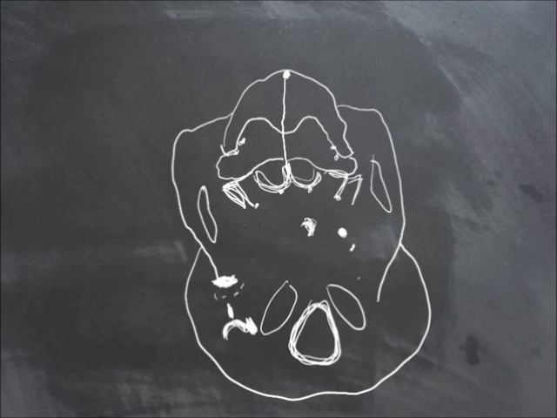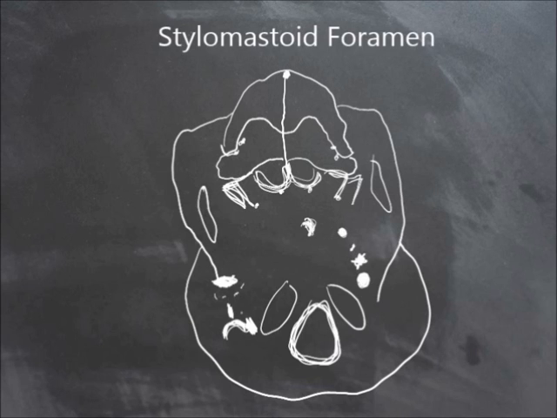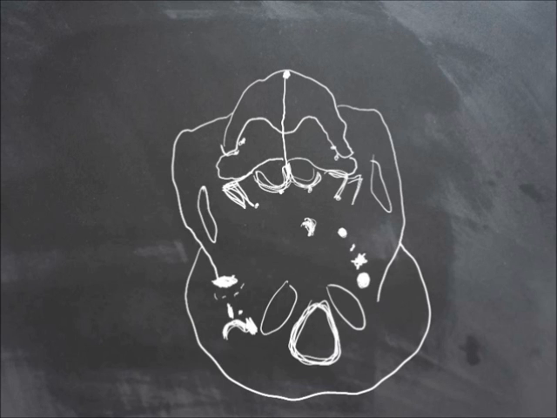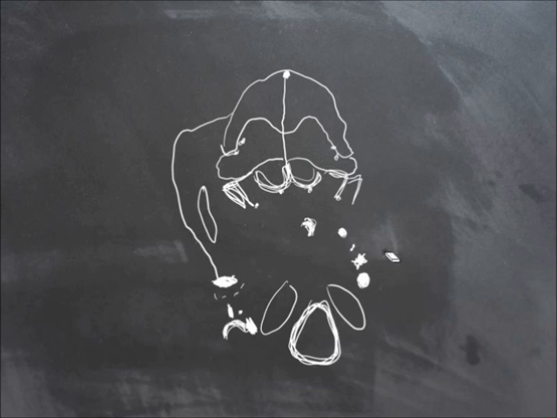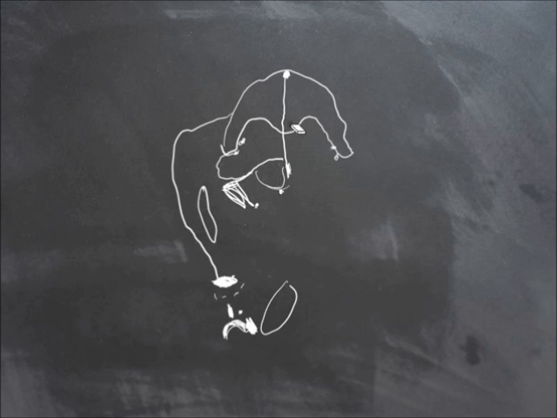Then we have lacerum. And then we have the jugular foramen. And just between the styloid process and the mastoid process, we have the stylomastoid foramen. Okay, let's move on.